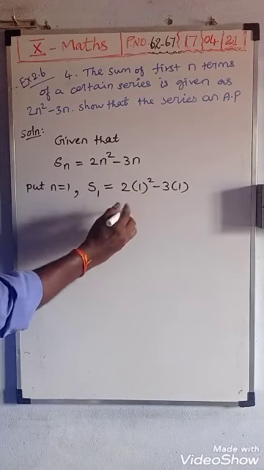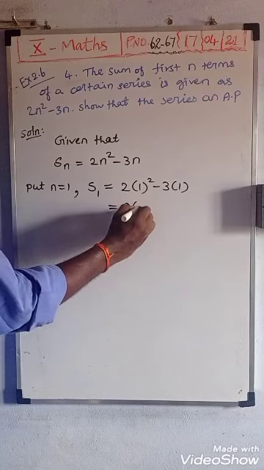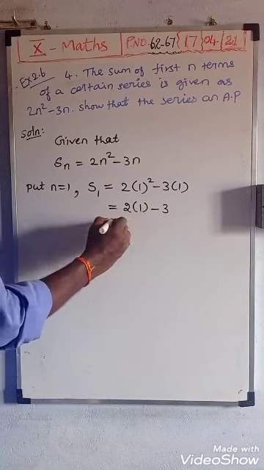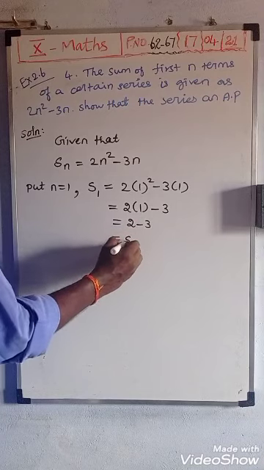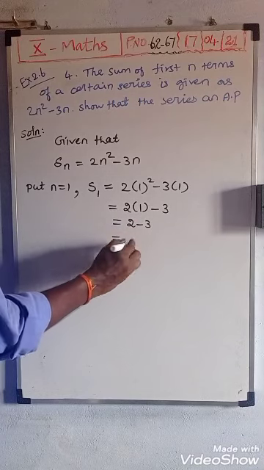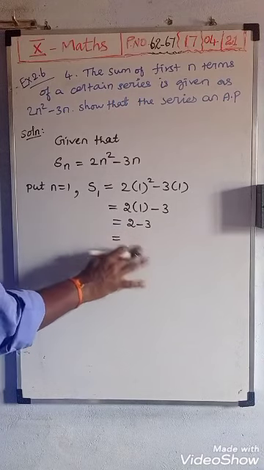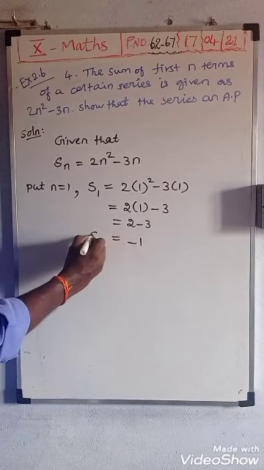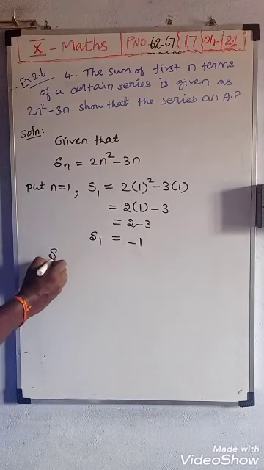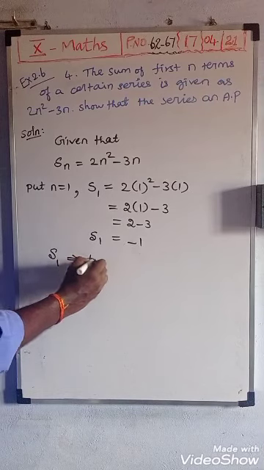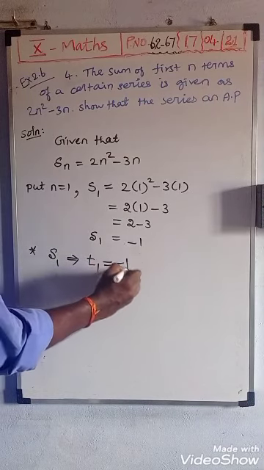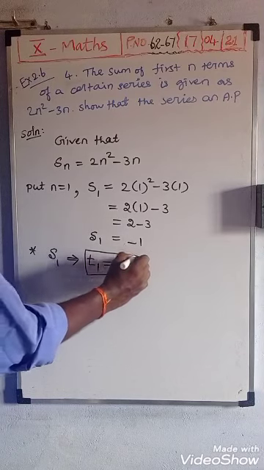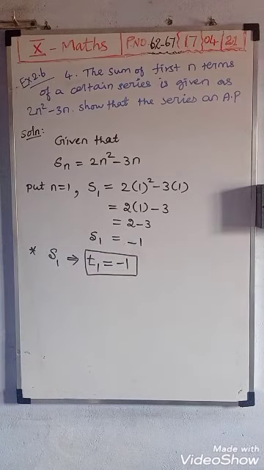Instead of n, we substitute 1. 2 times 1 squared is 2, minus 3, we will receive minus 1. This is S1, and here S1 is called T1, because only one term is being added. So T1 is equal to minus 1.